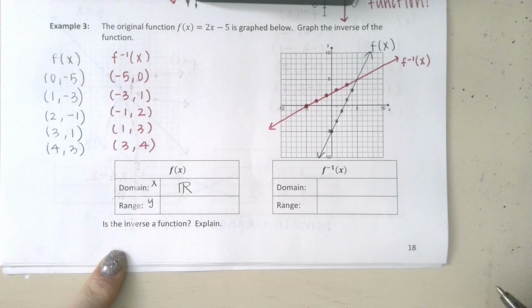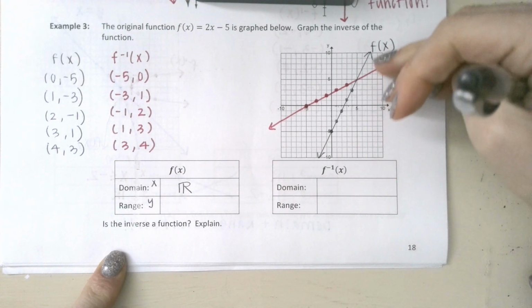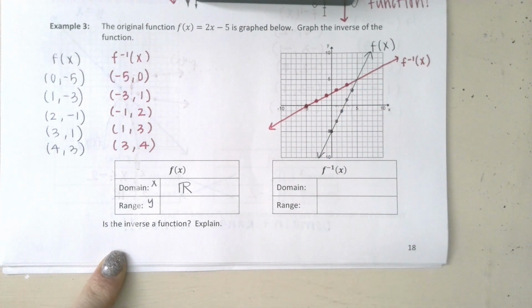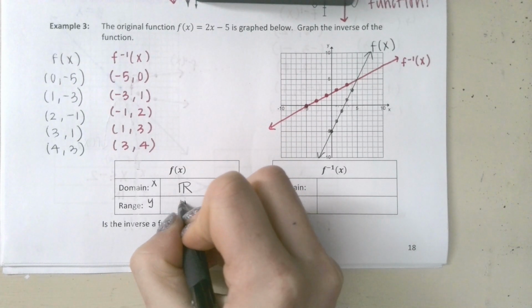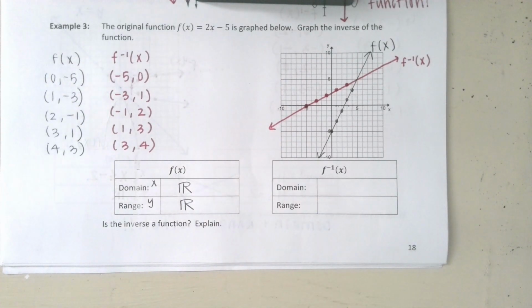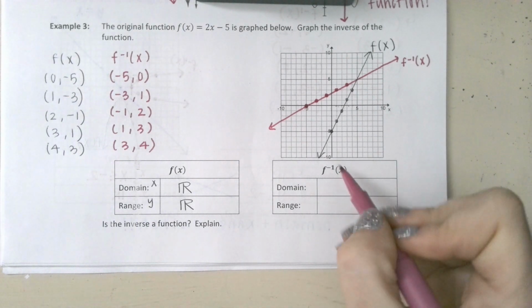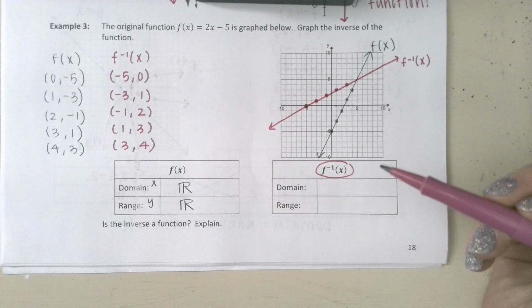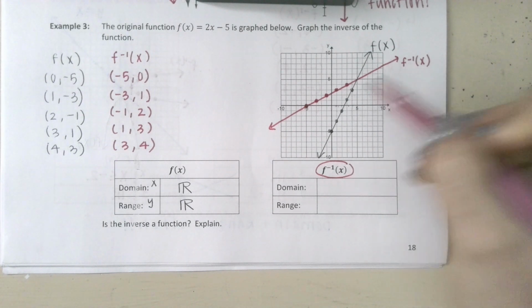Range looks at y values, so I'm now looking up and down. It looks like it's going to go up forever, and it's also going to be moving down forever. No restrictions, so my range is all real numbers. Okay, looking at my inverse, I'm going to look here.